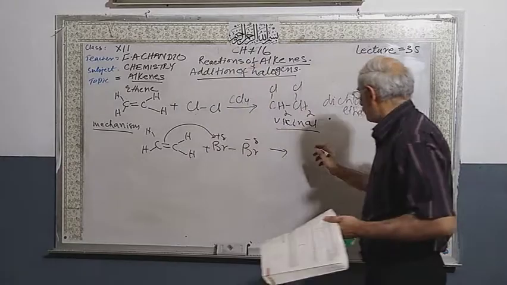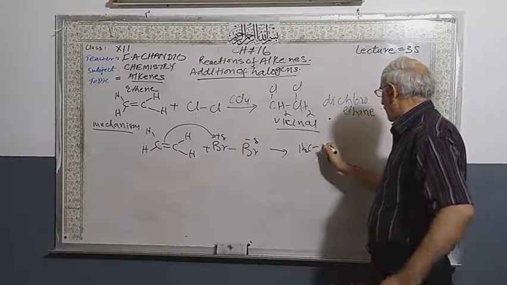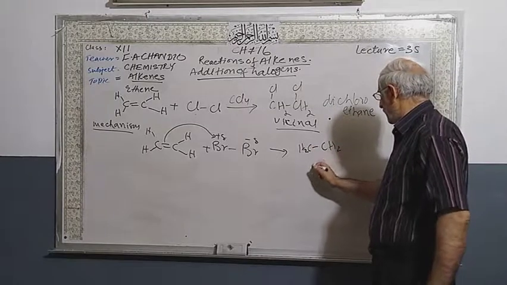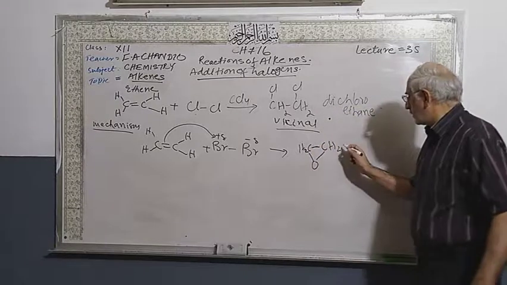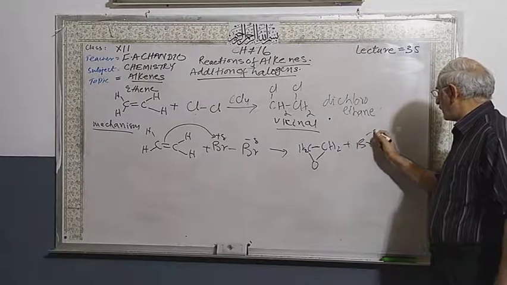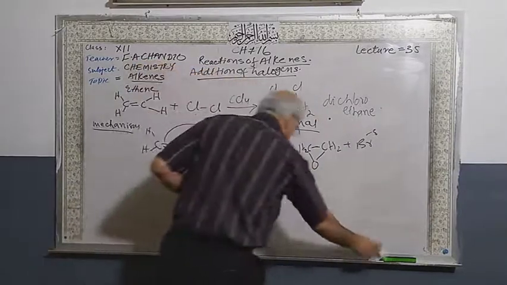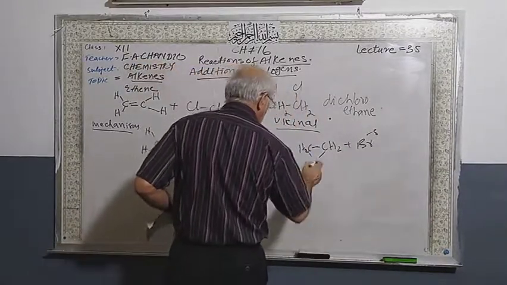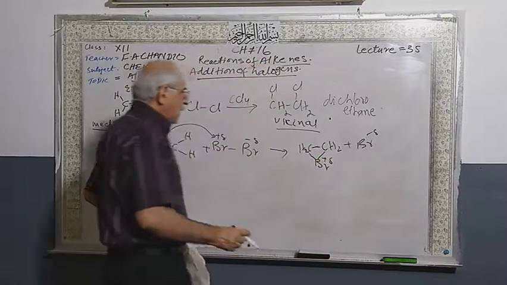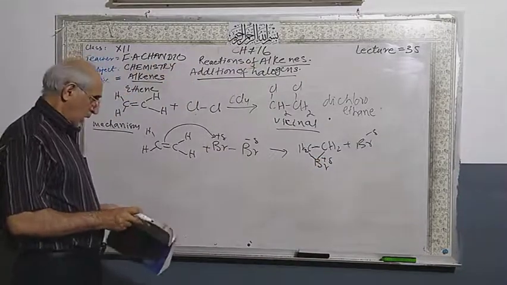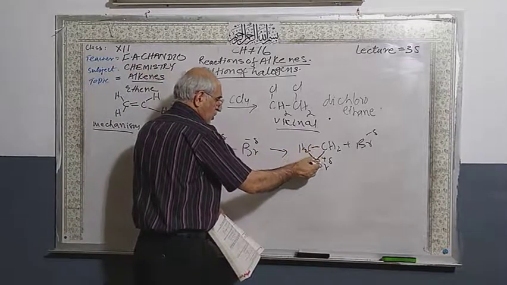So you will get it like this. The valence of bromine is increased because you are seeing there are two bonds attached to the bromine.